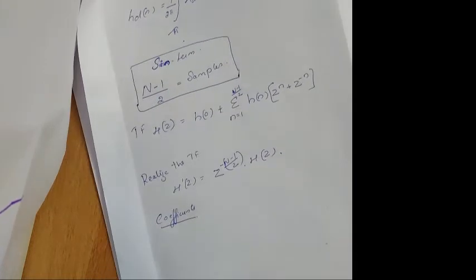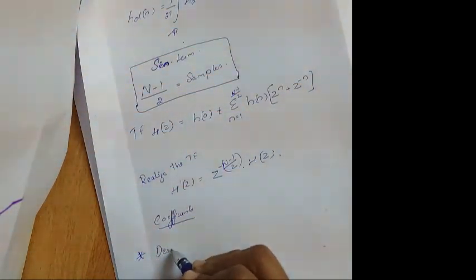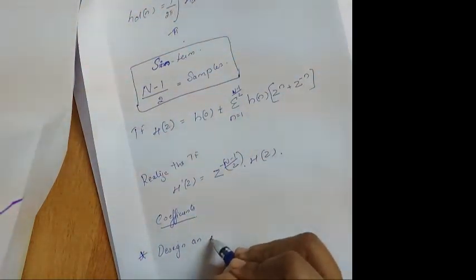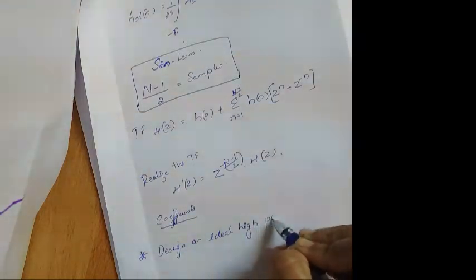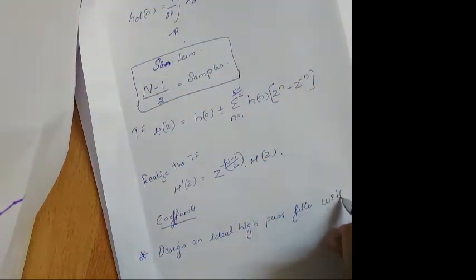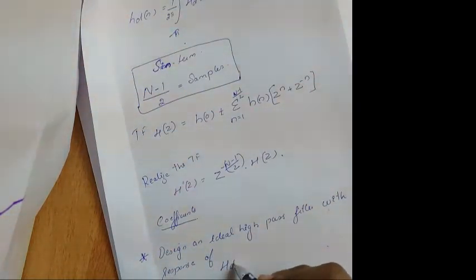Let it be a high pass filter. So question: design an ideal high pass filter with a frequency response of Hd of e power j omega is equal to 1.